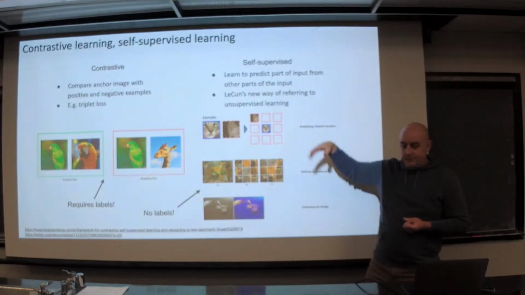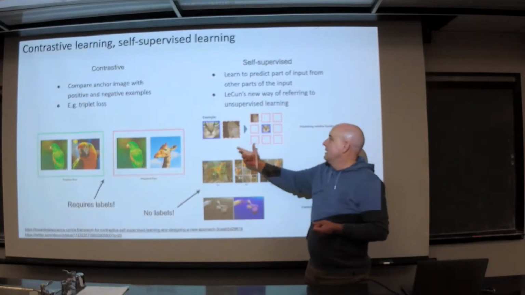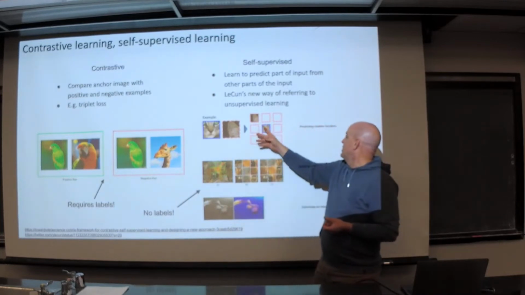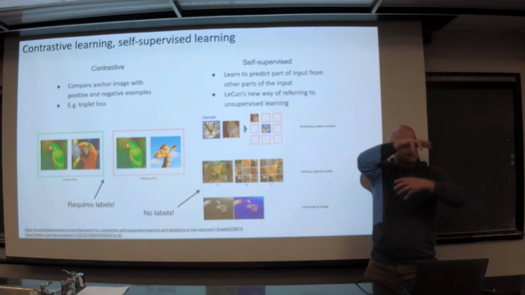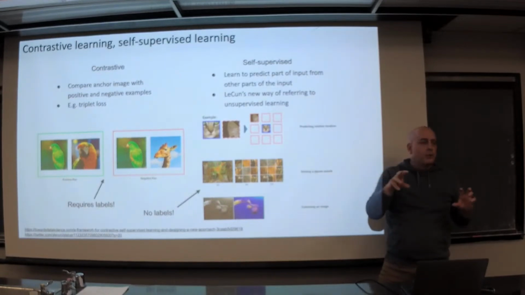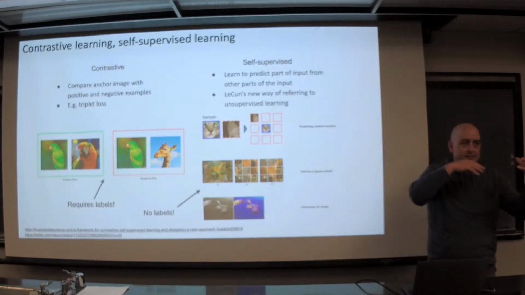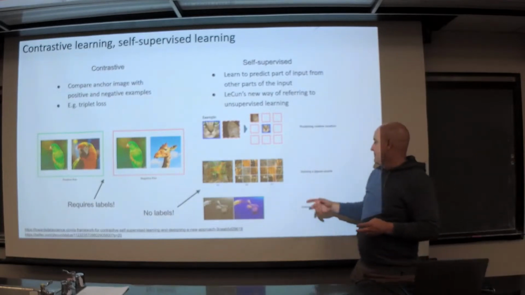There's some early work that does things like: I'm going to cut my image up, I'm going to give you the different patches, and you figure out what the relative locations of those patches are. So it's using a single image, cutting it up, and saying, let's put this back together in the right way. Kind of like a puzzle, right? No labels needed there. We just use the image, cut it up, and put it back together.